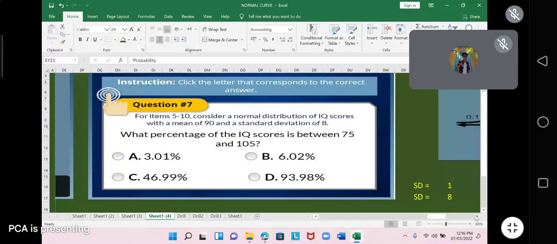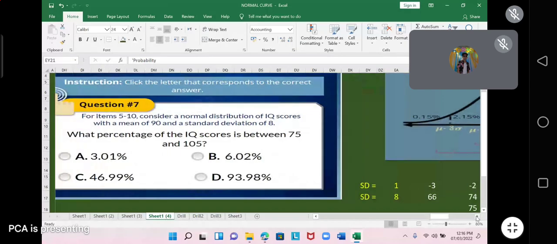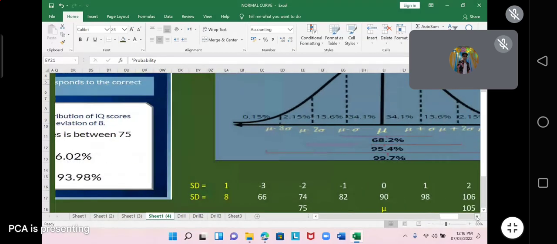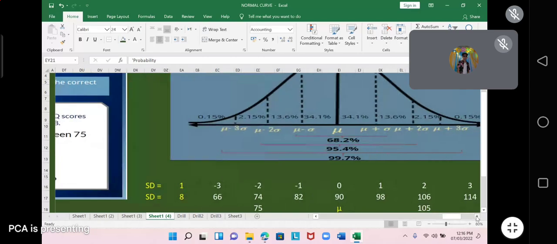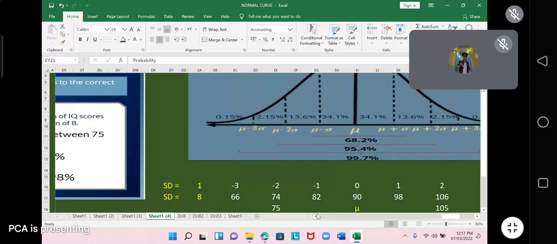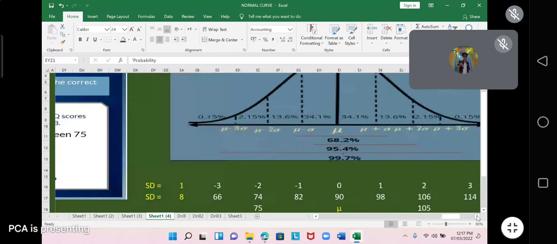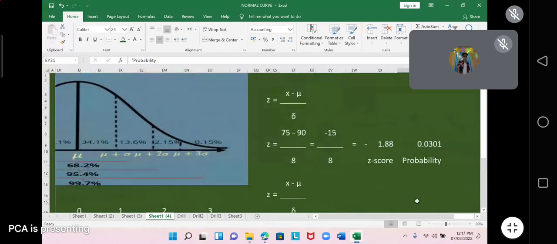IQ scores is between 75 to 105. But we have to normalize it, no? Normalize or standardize it, having the normal distribution. Of course, we need the 75 and 105 scores transformed into a z-score. Okay, ano gagawin, sir? 75 will transform into a z-score.